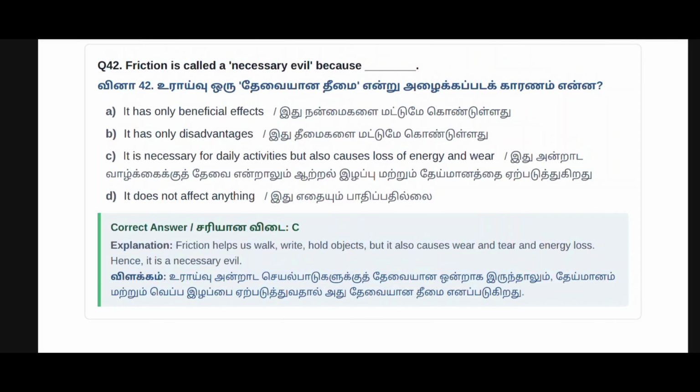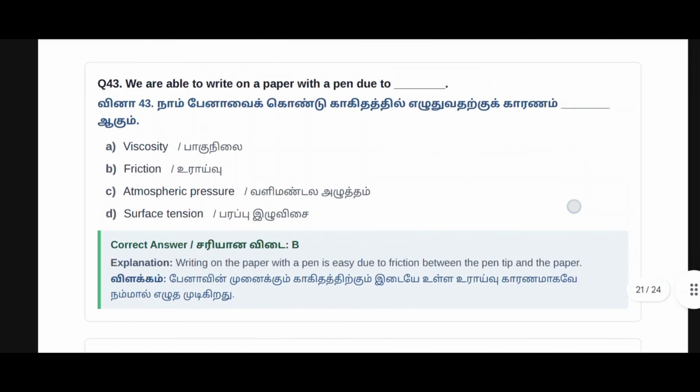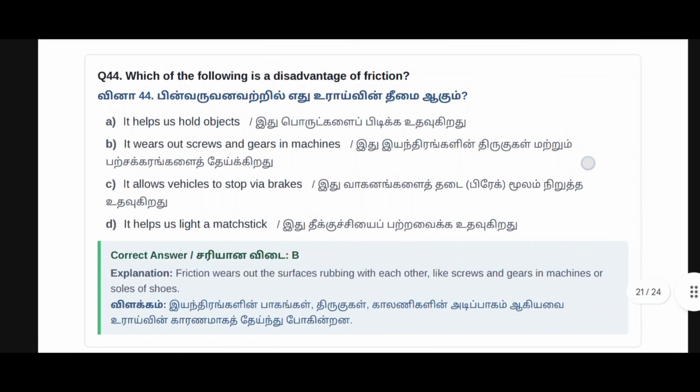Option C, it is necessary for daily activities but also causes loss of energy and wear. We are able to write on a paper with a pen due to dash. Option B, friction. Which of the following is a disadvantage of friction? Option B, it wears out screws and gears in machines.